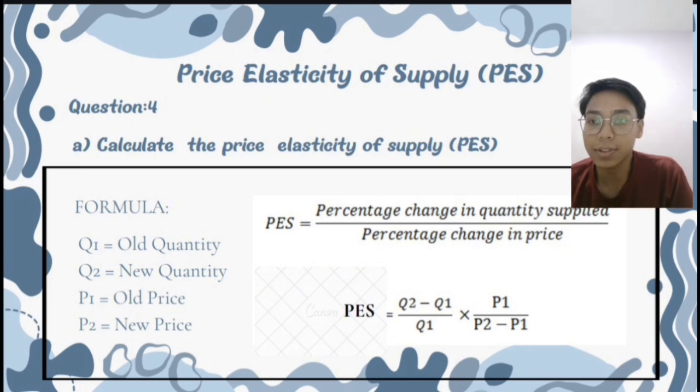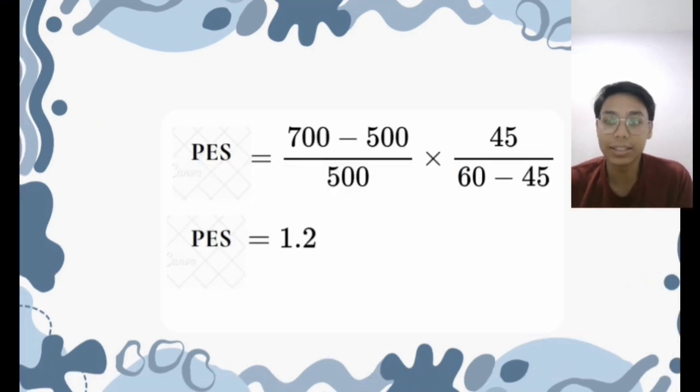The formula is Q2, which means new quantity, minus Q1, which is old quantity, divided by Q1, multiplied by P1, which is old price, divided by P2, which is new price, minus P1. Okay, now let's see the calculation.